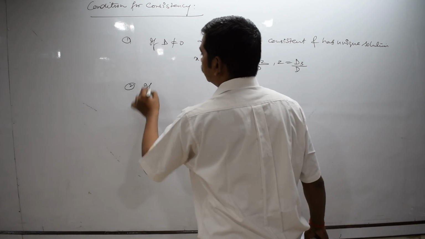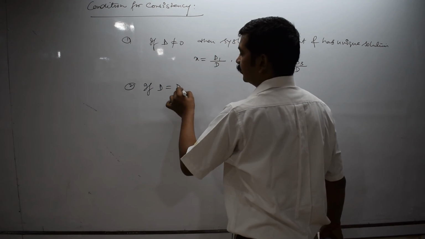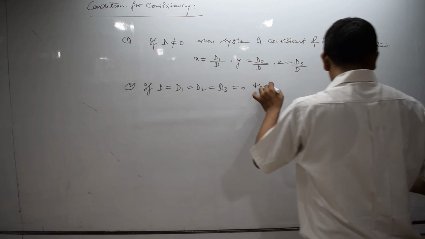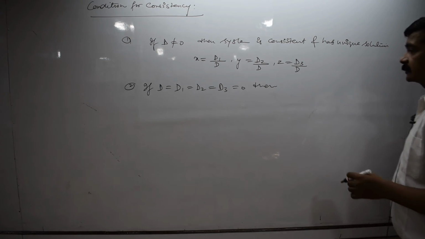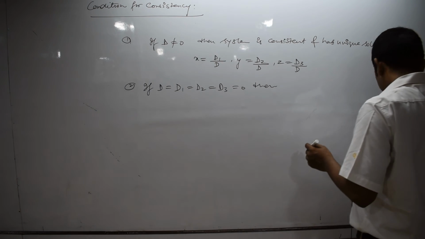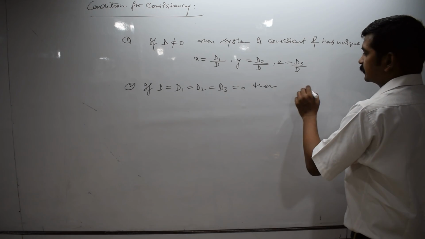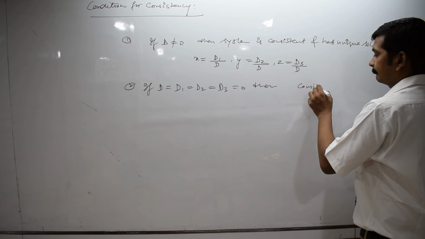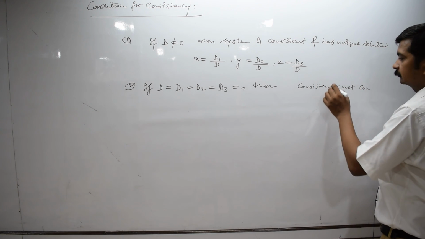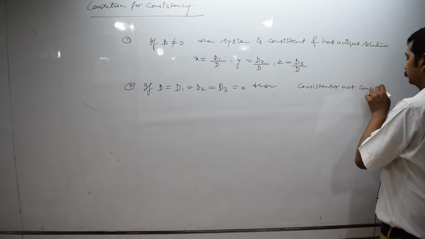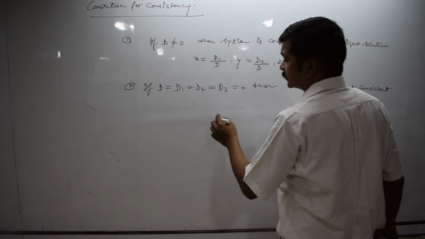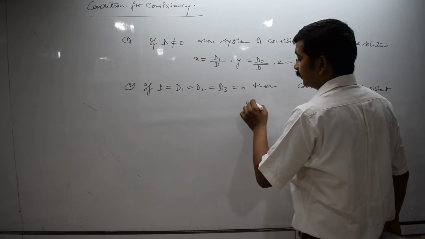If all the determinants D, D1, D2, D3 equal 0, then the system will be either consistent or not consistent. If the system is consistent, then it has infinitely many solutions.